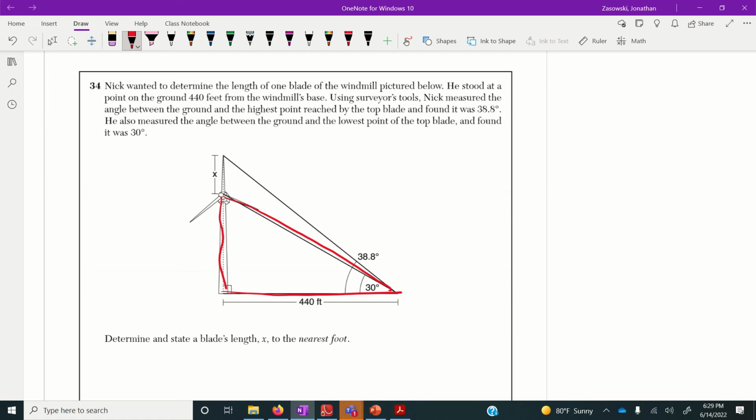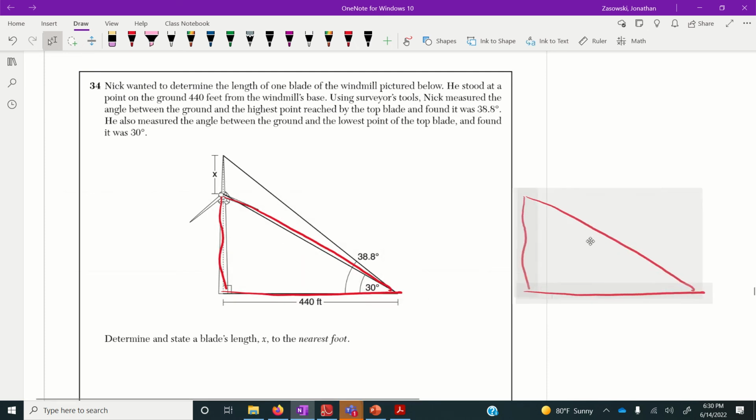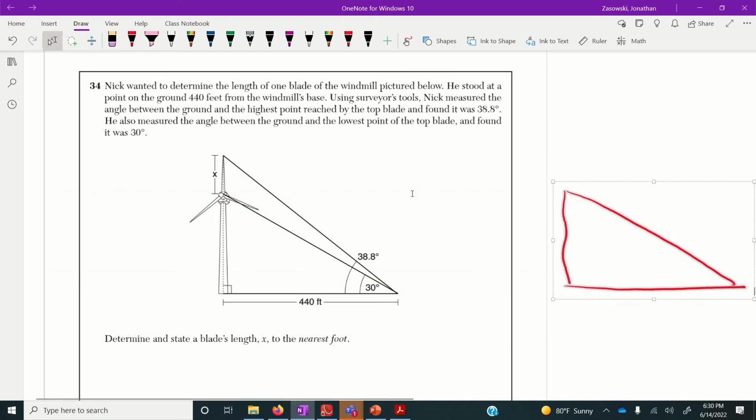There's a couple different ways we can do this. What I would probably suggest is, because this line is cutting through the triangles, this line right here that cuts through from the blade, how many right triangles do we see? So this is one of the triangles right here, and there's another one.